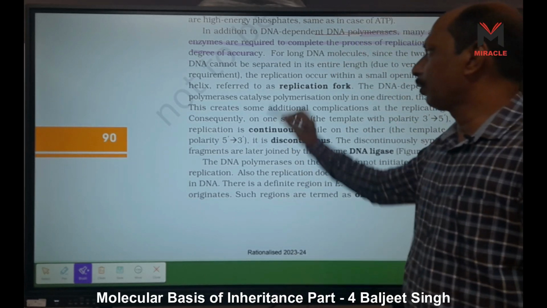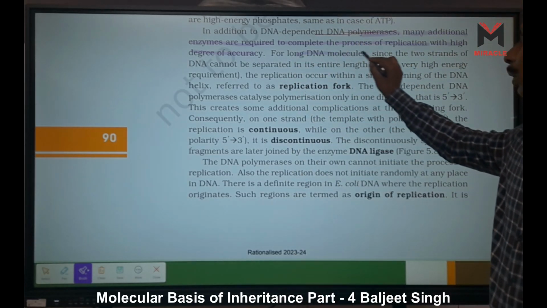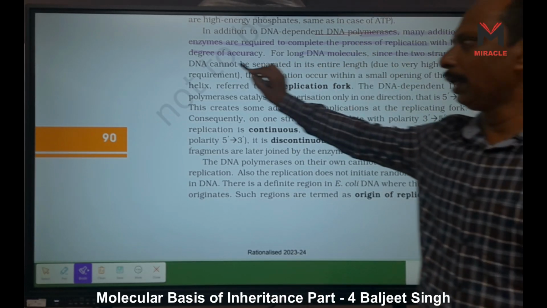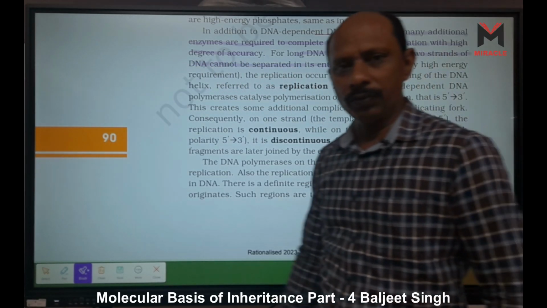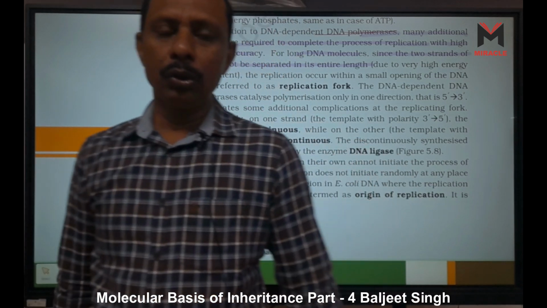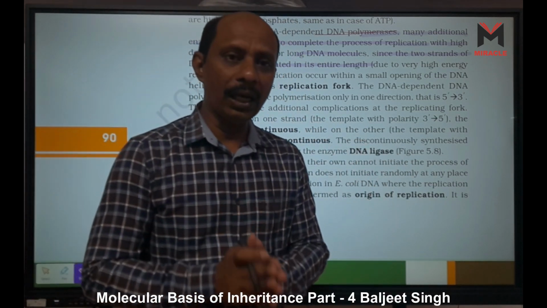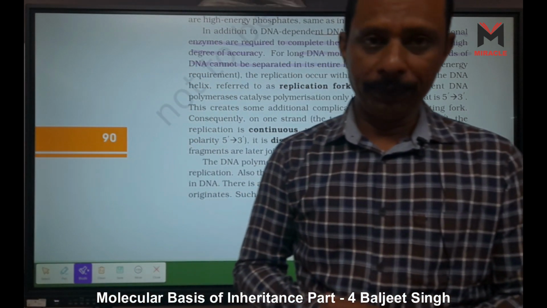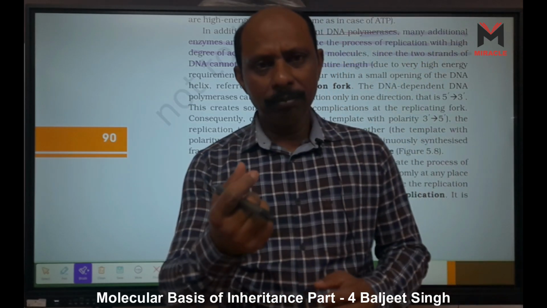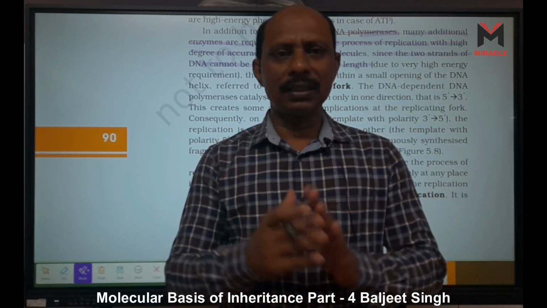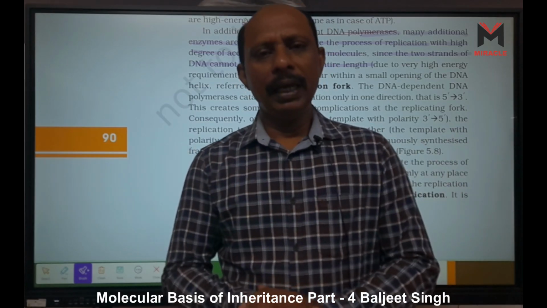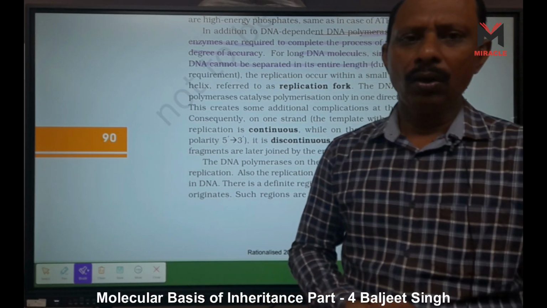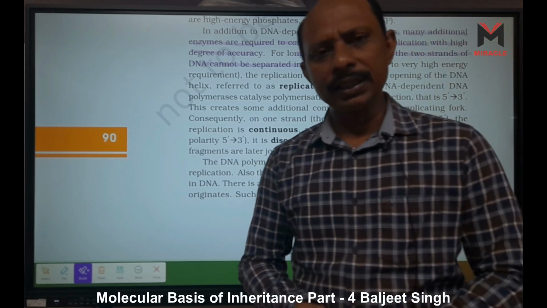Other enzymes also respond for long DNA molecules, since the two strands of DNA cannot be separated in their entire length. Because it is very long, these two strands cannot be separated fully, right? They have some specific sites from where DNA can separate, and these sites are called origin of replication or initiation sites.